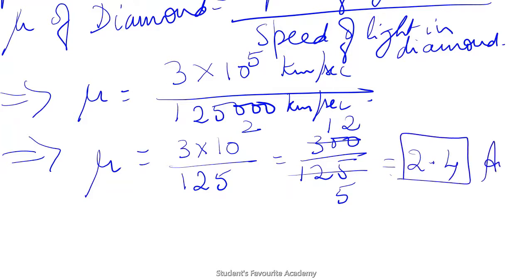So 2.4 is the refractive index of diamond. That is the answer. Okay.